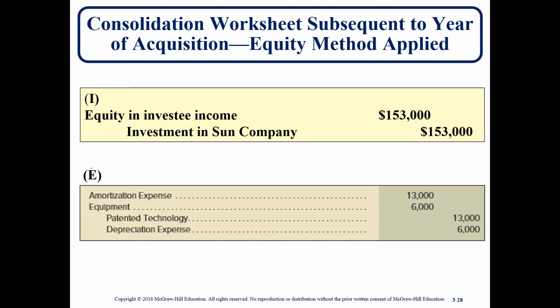Then entry E is to record the amortization and depreciation, and also to adjust the equipment and patented technology amounts. So we have amortization of 13,000 for the patented technology, which was understated, and we have a credit to depreciation expense, and a debit to equipment because the equipment was overstated.